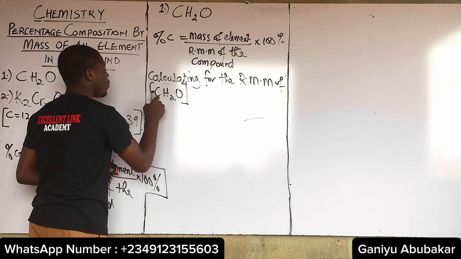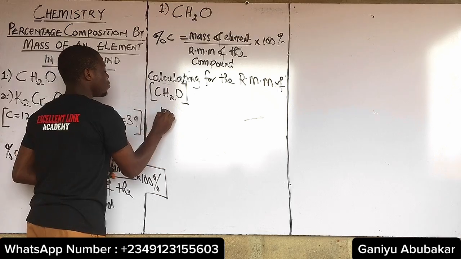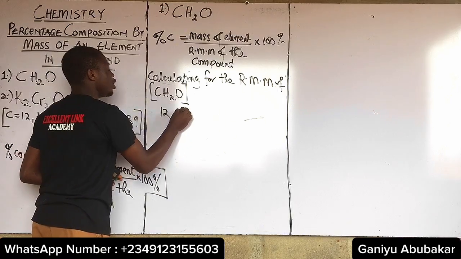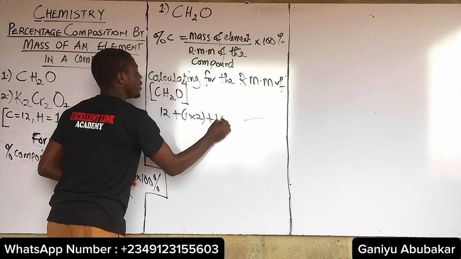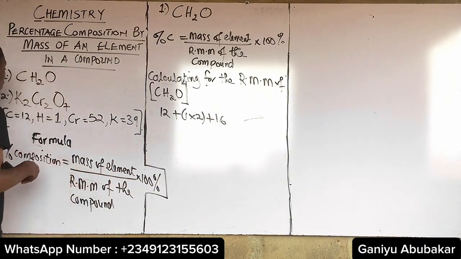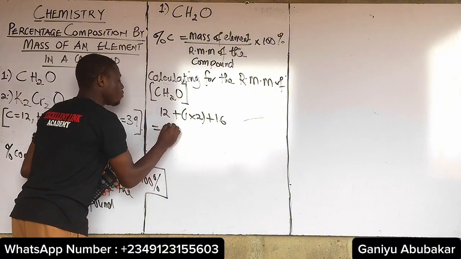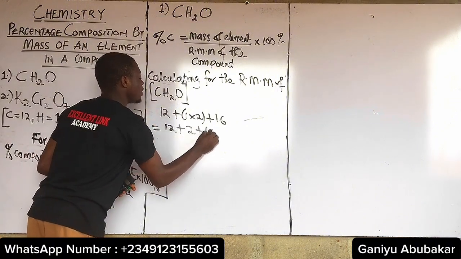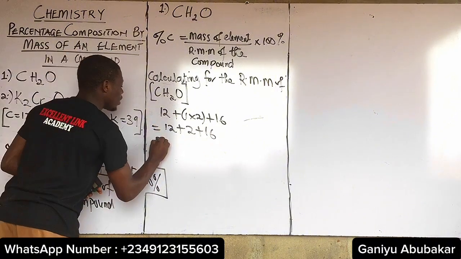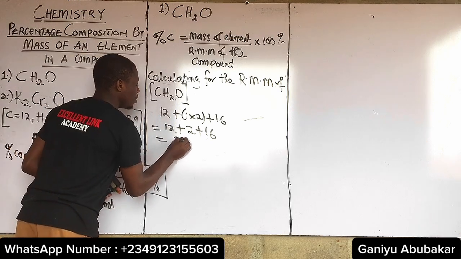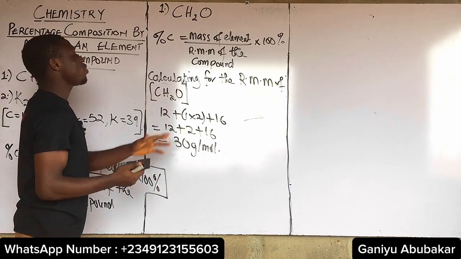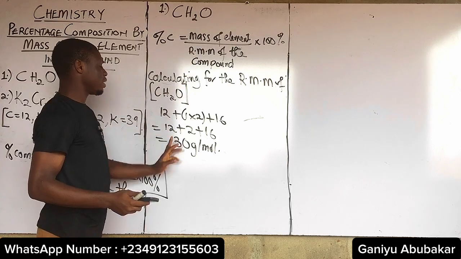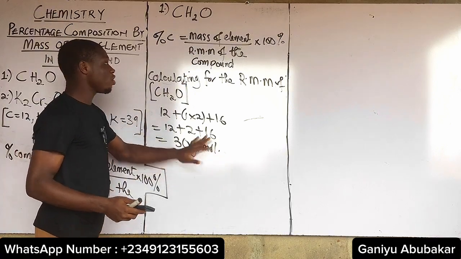We know that C is 12, plus hydrogen is 1 times 2, plus oxygen is 16. So 12 plus 2 plus 16 gives 30 grams per mole. So the relative molecular mass of this compound is 30 grams per mole.